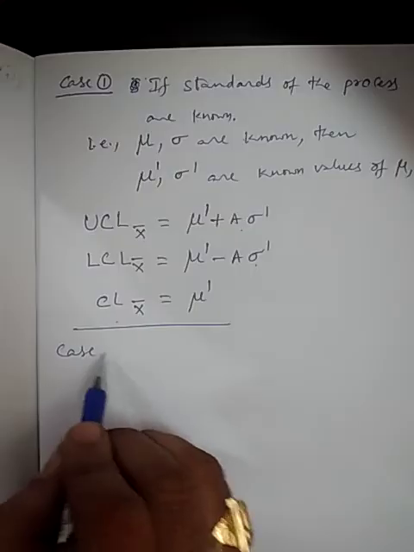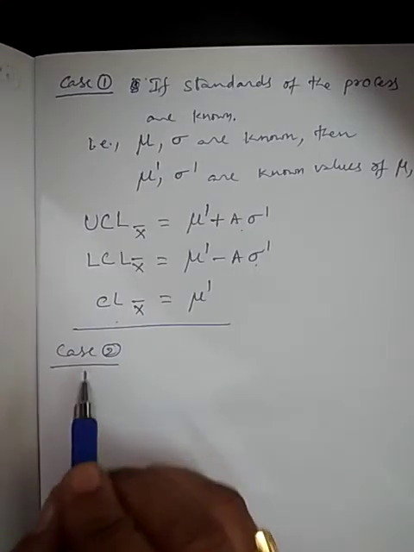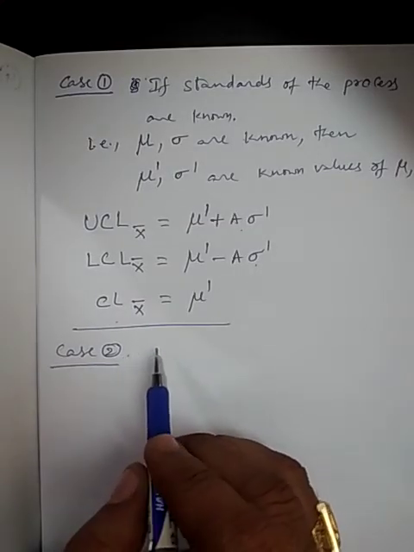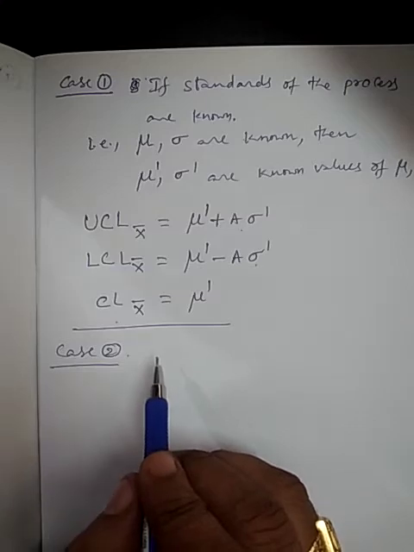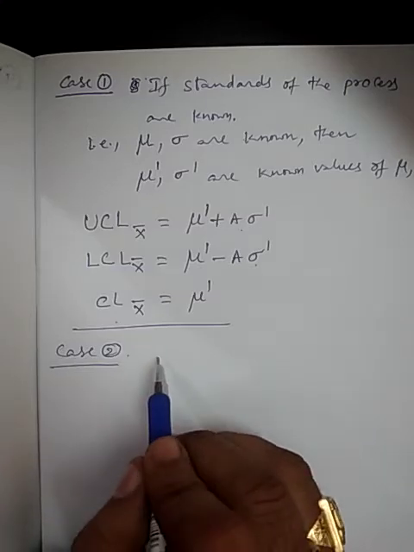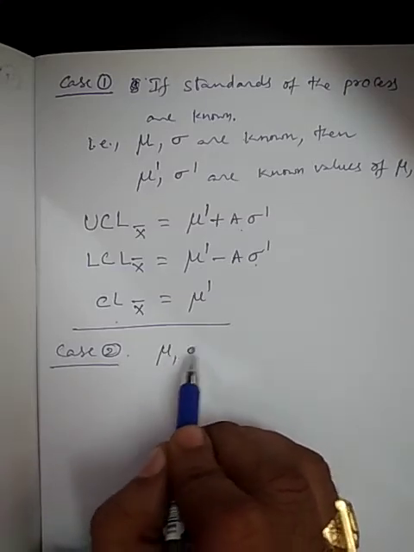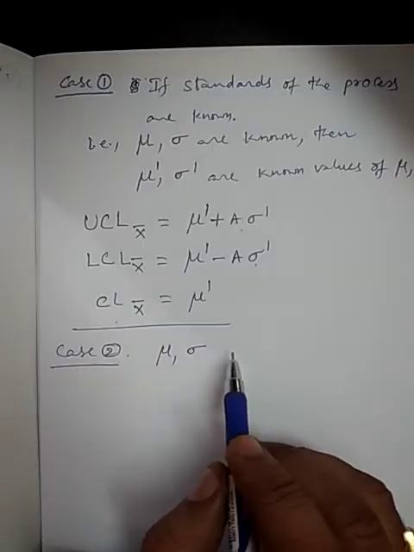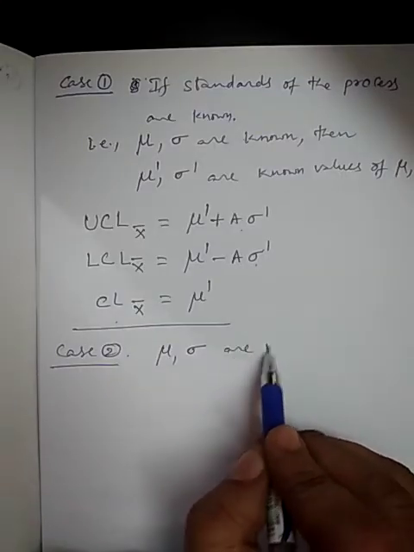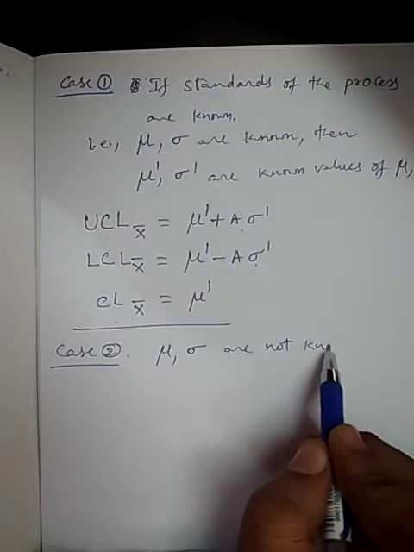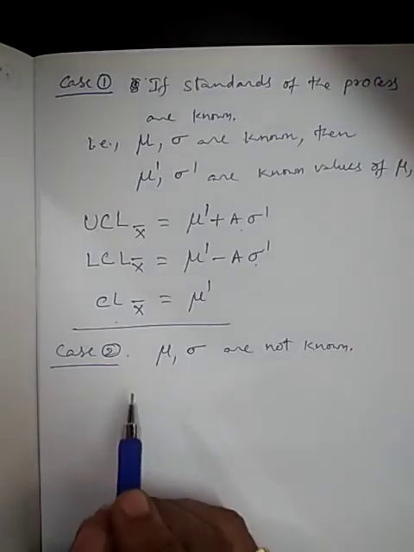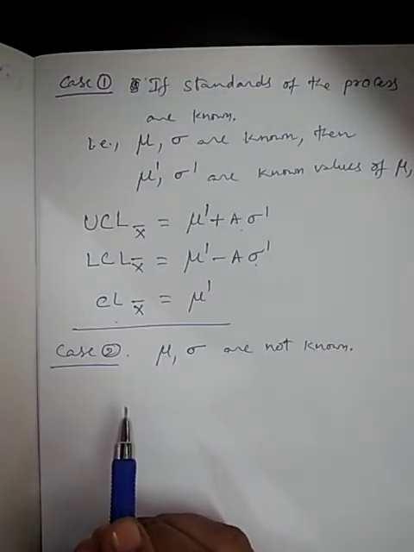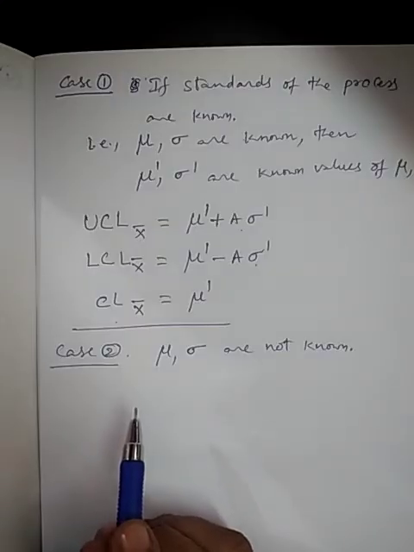Now case 2, in which the standards of the process are not known, which means mu and sigma are not known. That is, the process standards are not given.